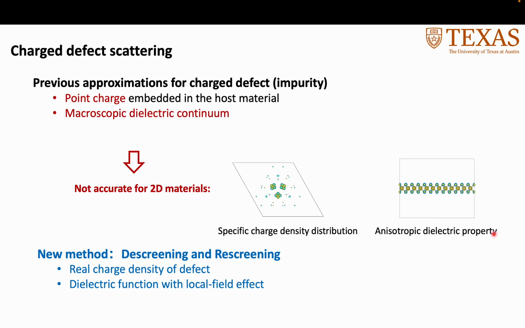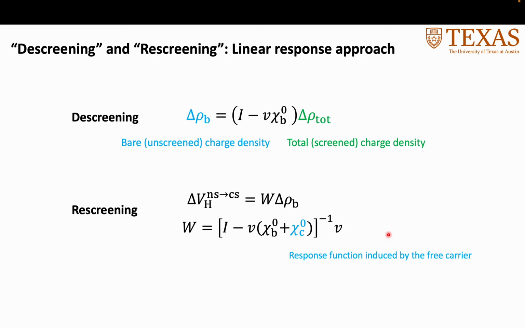So in our new method, we use a novel descreening and rescreening approach to capture the real charge density of the defect, and use the dielectric function with the local field effect to accurately consider the anisotropic dielectric property. In the descreening and rescreening process, we use the linear response approach. For the descreening, we start from the total charge density, which can be considered as the screened charge density.